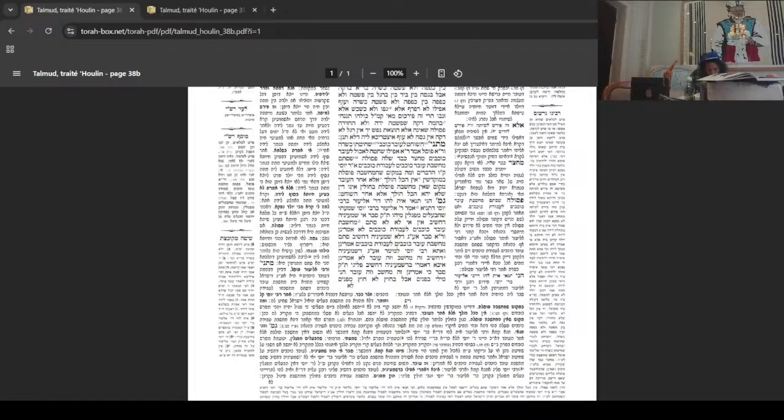So Reish Lakish says that we do not think from avoda to avoda, and also we do not learn from the inside to the outside. And they go according to their reasoning.